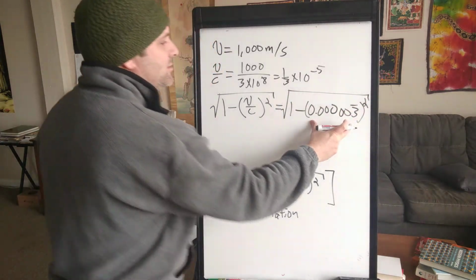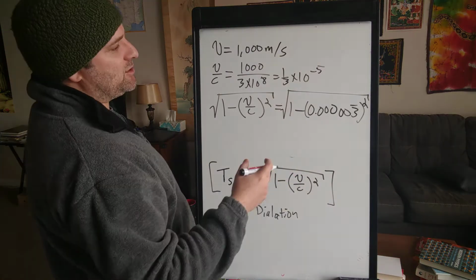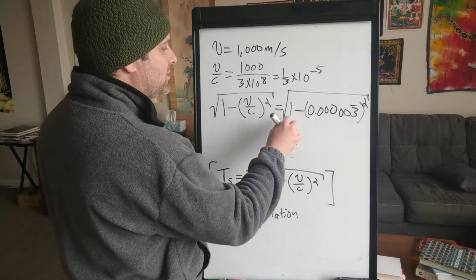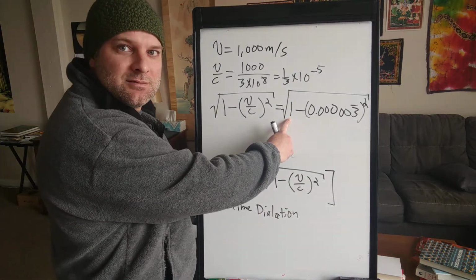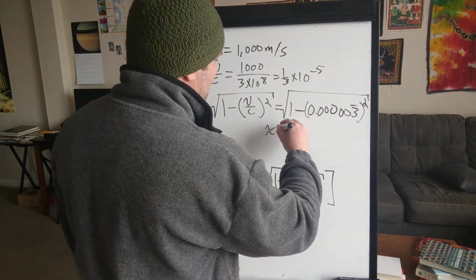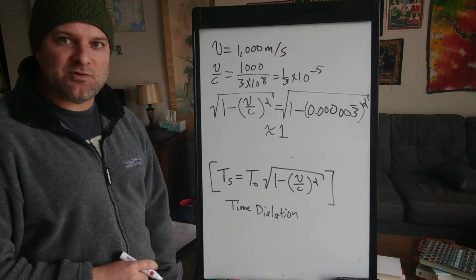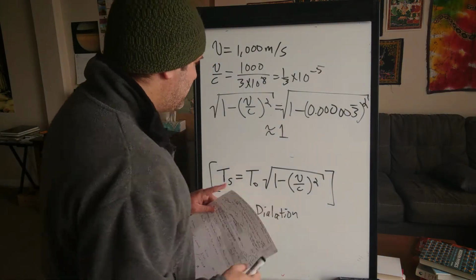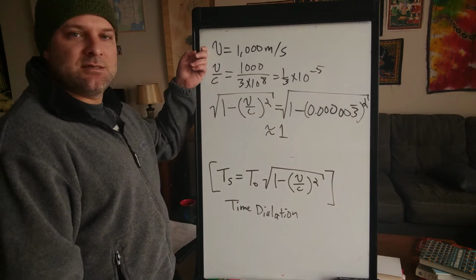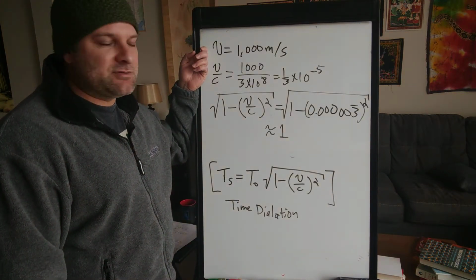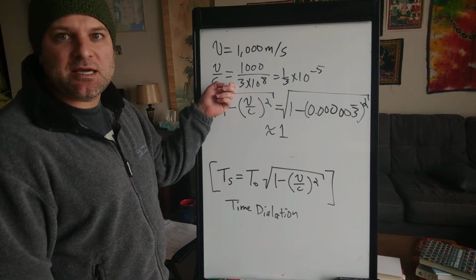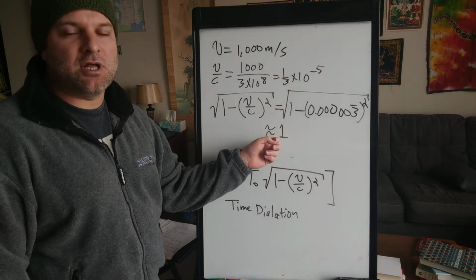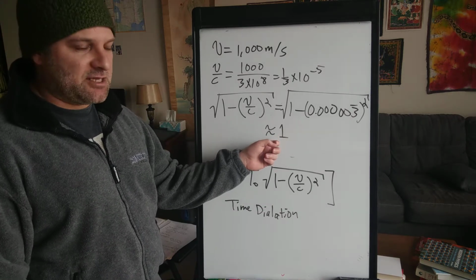Okay, so this number becomes 0.00000000009. I subtract that from 1. I take the square root, I get basically just 1. Okay, with only a very, very small variation. So even traveling the fastest that any human being has ever traveled, that's still nothing compared to the speed of light. So I can't really see this effect. It's too slow for me to see this time dilation effect.